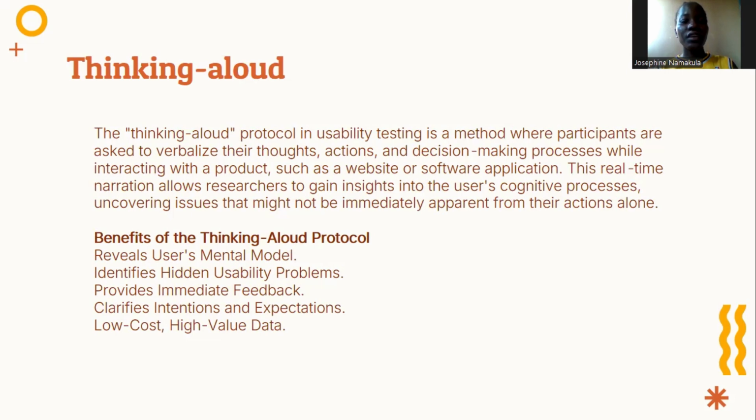So the benefits of the think-aloud protocol: it reveals the user's mental model, it identifies hidden usability problems, it provides immediate feedback, it clarifies intentions and expectations, and there is low cost and high value data.